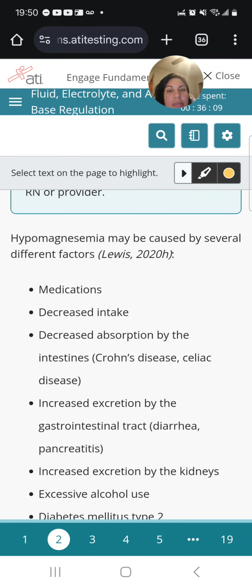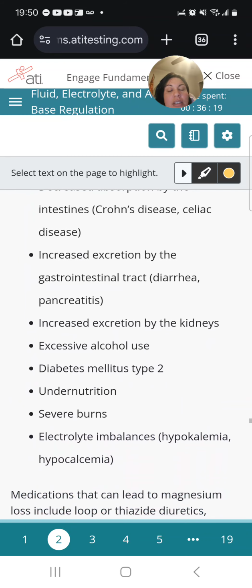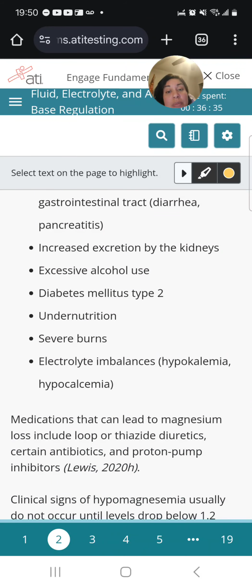Okay, so hypomagnesemia may be caused by several different factors. Medications, decreased absorption by the intestines like Crohn's disease and celiac disease, increased excretion by the GI tract, diarrhea and pancreatitis, excessive alcohol use, diabetes mellitus type 2, undernutrition, severe burns, electrolyte imbalances such as hypokalemia and hypocalcemia.